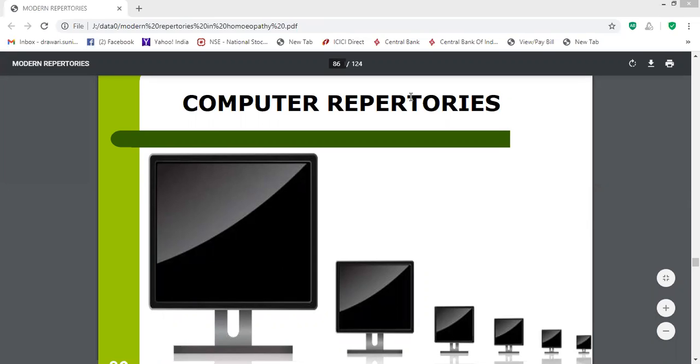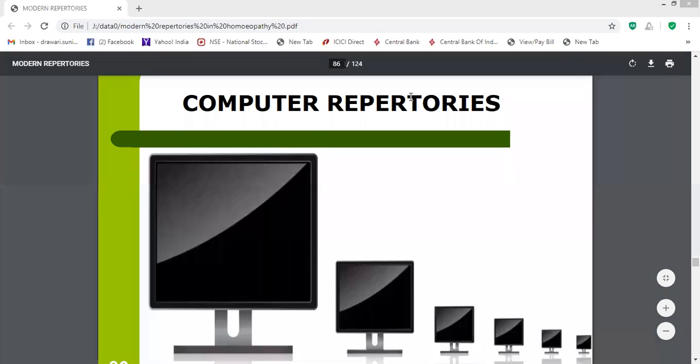This technology has a collection of information available from various sources, from different parts of the world, and from different authors. In these softwares we get different materia medicas as well as different repertories. So they are very helpful to refer to another materia medica, another repertory, at the same time while repertorizing with one repertory.